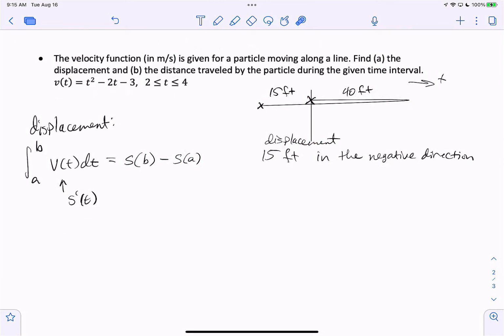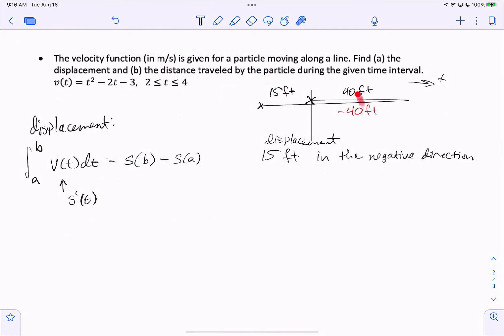But our friend walked 40 feet, turned around, walked 40 feet back to their starting point, and then an additional 15 feet. What happened with displacement was we really thought of 40 feet in the positive direction minus 40 feet in the negative direction. Maybe we didn't think of it this way, but this is what the math did to us, I guess.